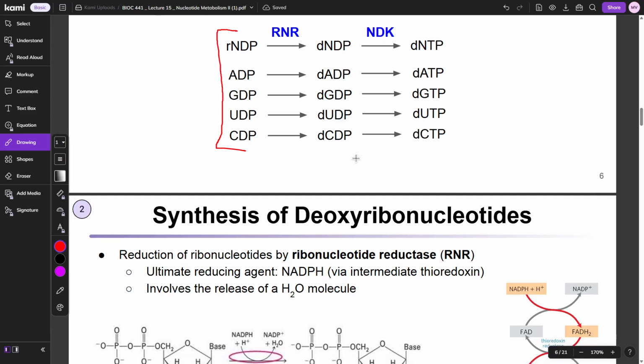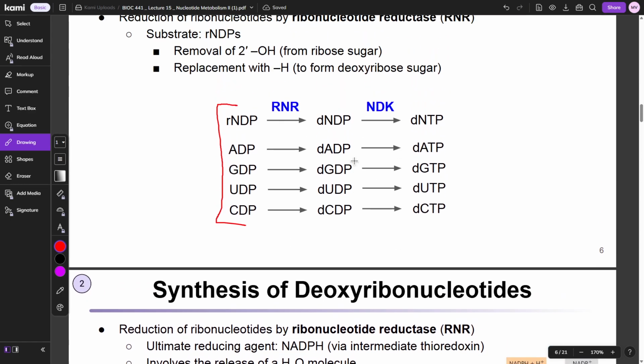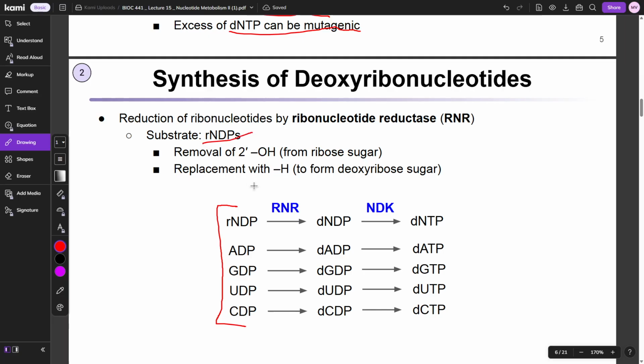You get a triphosphate. Is it the same ending? Yes, RNDP. NDK literally just takes any diphosphate and turns it into a triphosphate. It doesn't matter. The N just stands for anything. That's all it means. The N just stands for A, D, whatever, right?